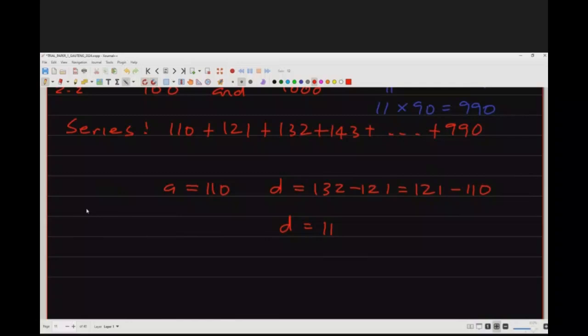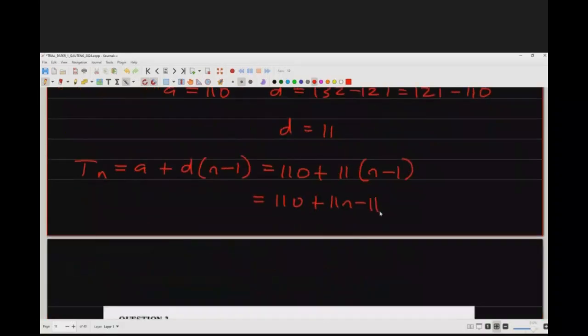And we can set up our Tn so that we may be able to get the number of terms. So Tn here is equal to a plus d times n minus 1. And this is going to be 110 plus 11 times n minus 1. And this is 110 plus 11n minus 11.